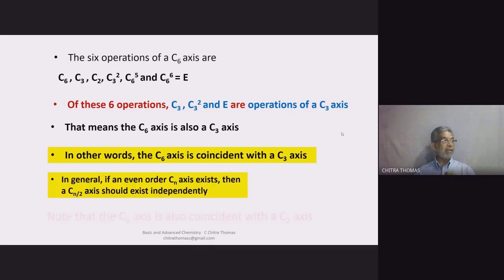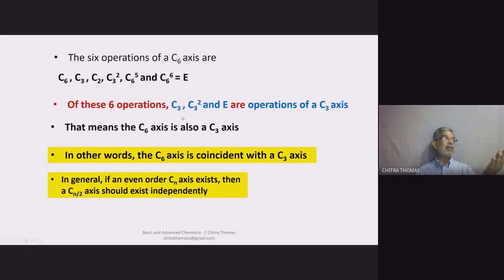In general, if an even order Cn axis exists, then a Cn/2 axis should exist independently. Now, these operations include C2 and E, which are the operations generated by the C2 axis.